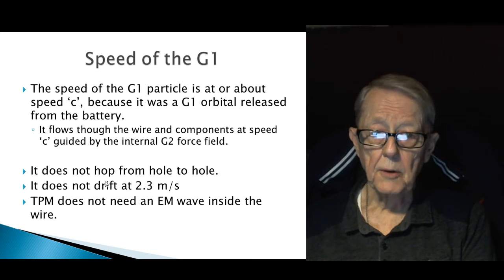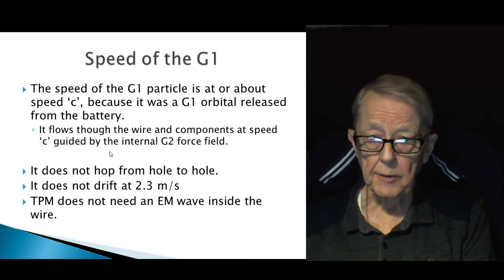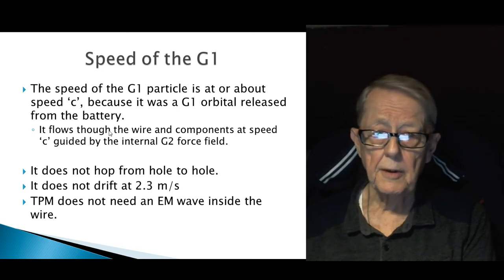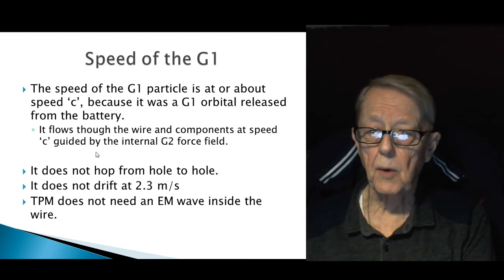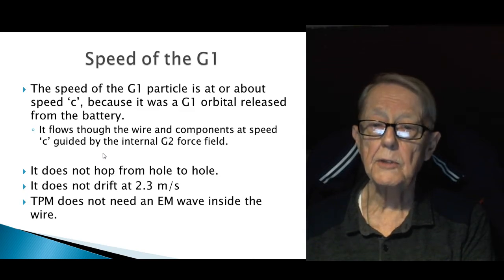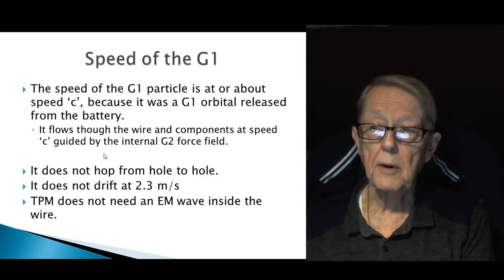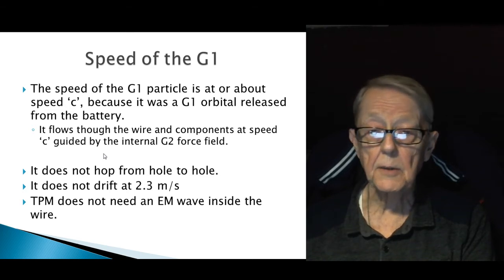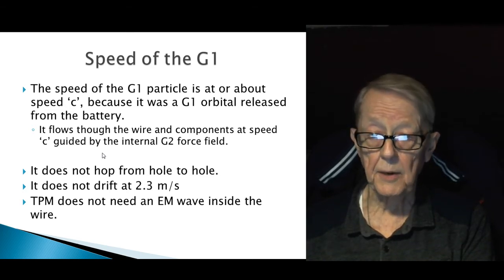I talked about the speed already. When the G1 particle enters the circuit, it flows through the wire and the components at speed c. It's guided by the internal G2 force field. Now you remember, every object in the particle model has a G1 force field around it and a G2 force field around it.